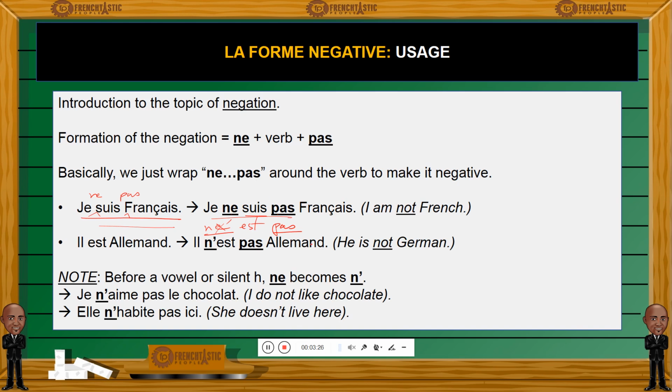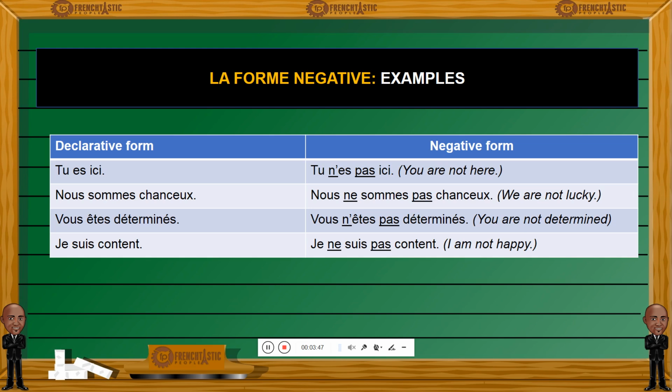The elision before a vowel or silent H, ne becomes n apostrophe. Quite straightforward. So that's pretty much everything we need to say about la forme négative, the negative form in French. You could simply use ne pas on either side of the verb and you should be just fine.